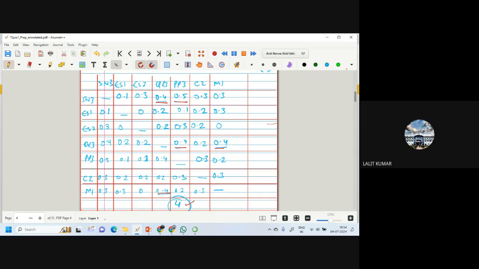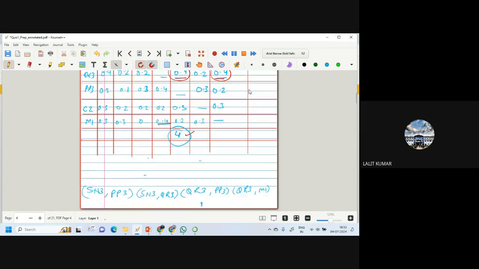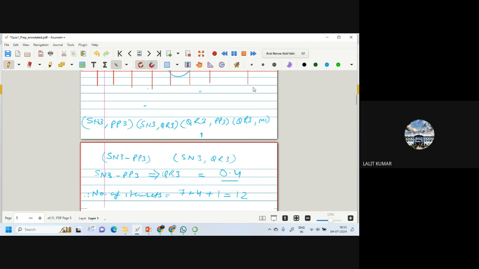Now when you have got these 4 items, make the combination of these 4 items and find the support. Here I could find only one which had the support of 0.4, which was SN3 PP3 QR3. So the total number becomes 12.